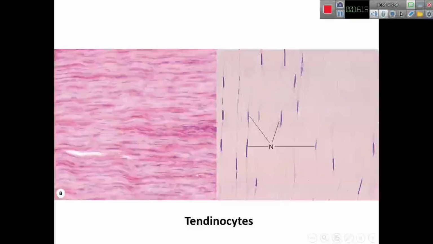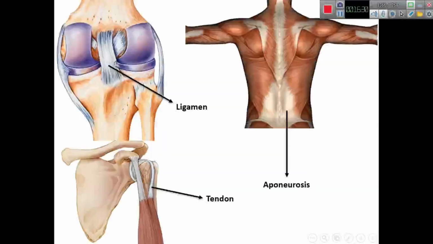Again, the regular dense connective tissue. We said we have this connective tissue in tendon, so these cells are fibroblasts, which we call tendinocytes in tendon. Let's see some pictures of tendons. Tendons attach muscle to bones, with all of the collagen fibers in one direction. Ligaments attach two bones together, also dense regular connective tissue.